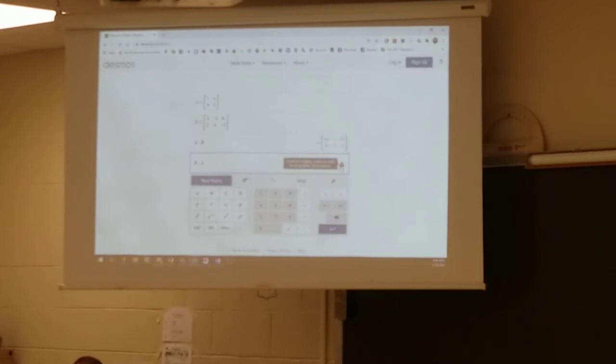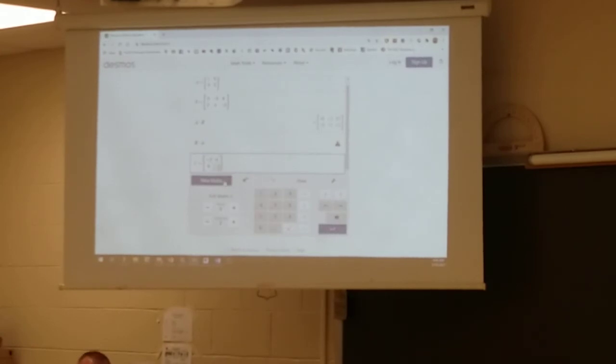Now, question 3 on my little half sheet says to do 2a minus c. If I'm going to do 2a minus c, I need to type in matrix C. Maybe you guys already did type in matrix C, but I kind of wanted you to see that you can type this stuff in whenever you want.